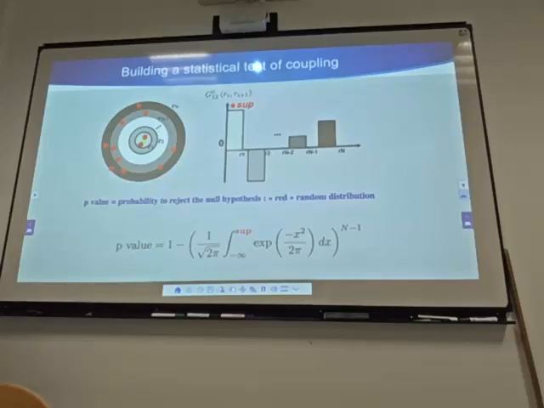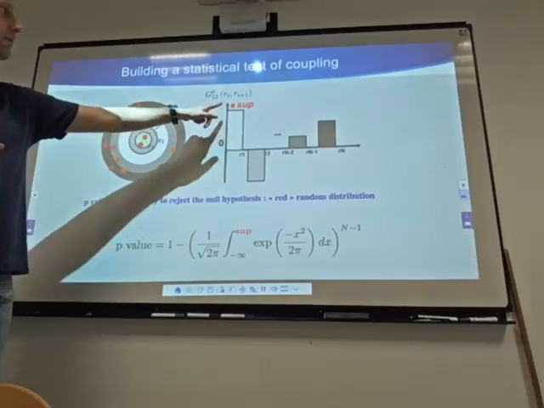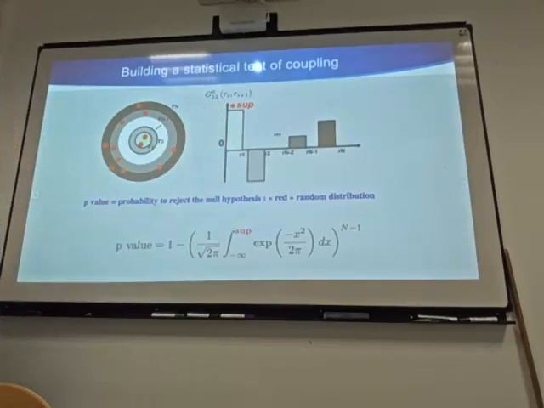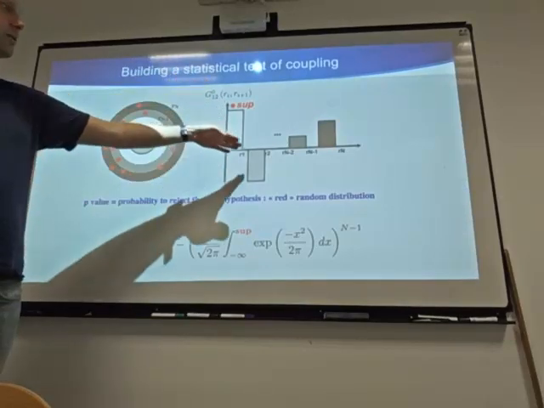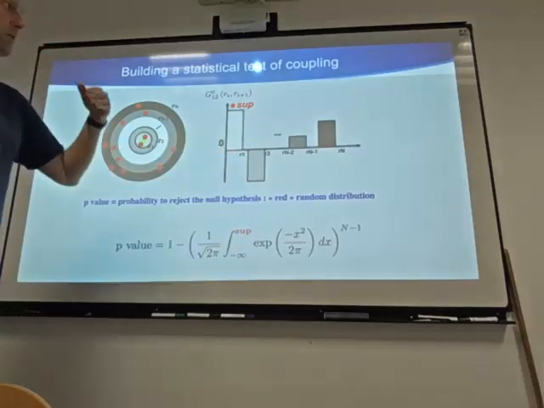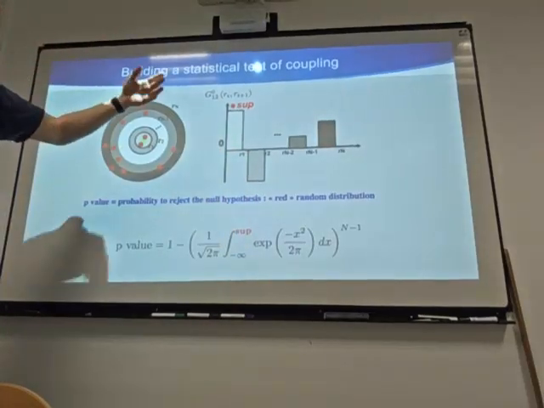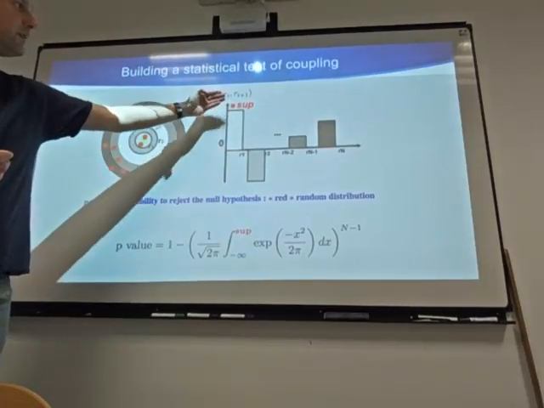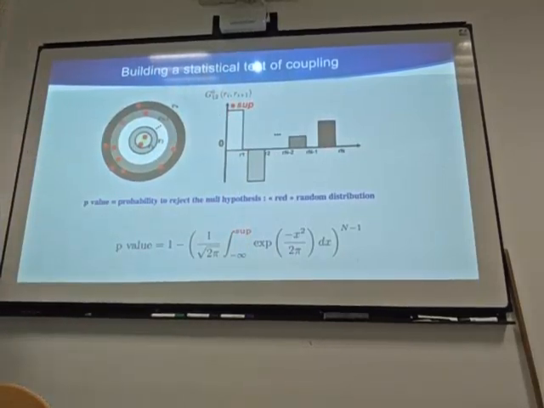You can consider the max value, the sup. If you have n Gaussian variables, what is the probability that this sup is above this value? This is 1 minus the probability that all the components are under this value.